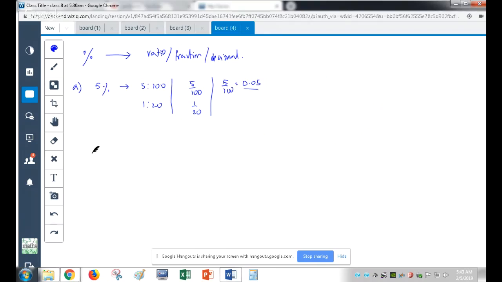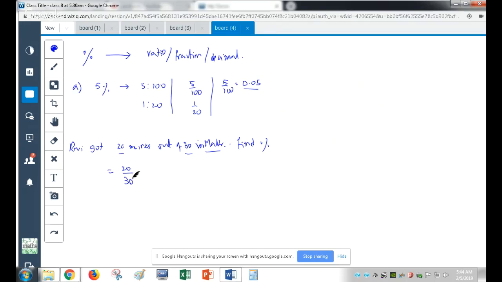Right. Ravi got 20 marks out of 30 in maths. Find the percentage. So see, there is a subject maths. In maths, Ravi got 20 out of 30. So first convert this into a fraction, 20 out of 30.